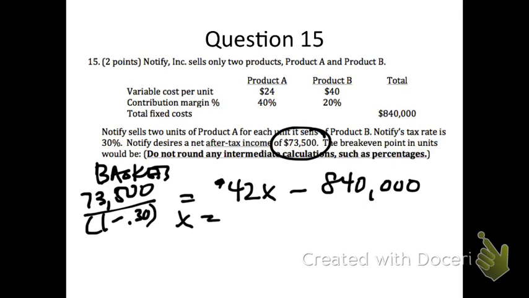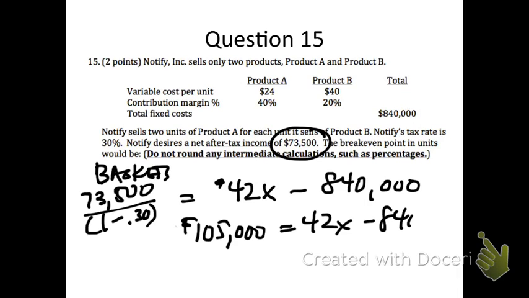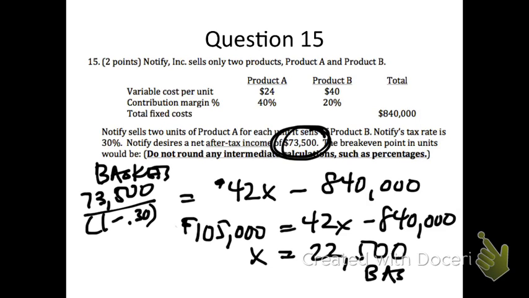Let's back up here. Really what we have is that turns out to be 105,000 equals 42x minus 840,000. I apologize. So the number of baskets to achieve this after-tax income is 22,500 baskets.